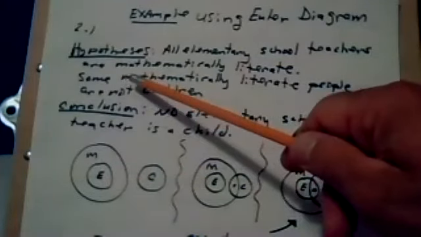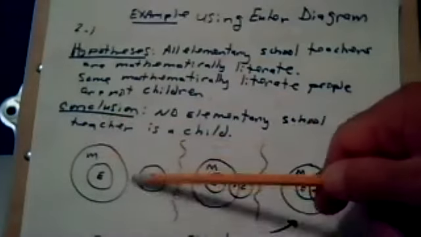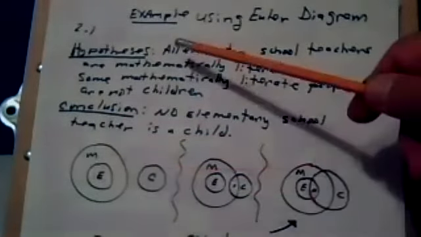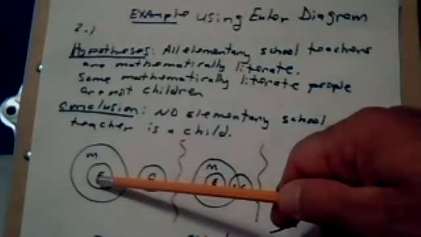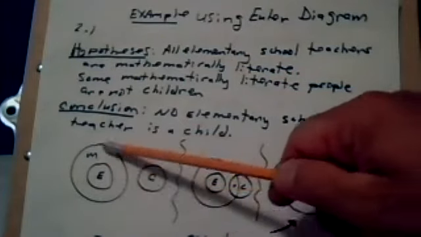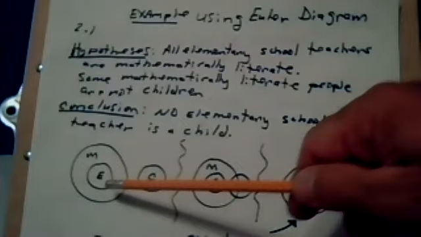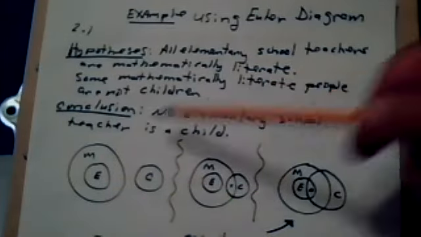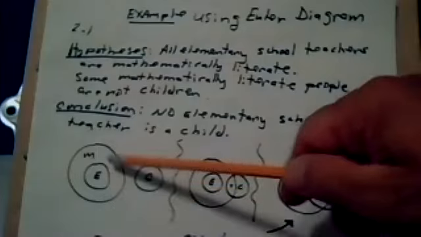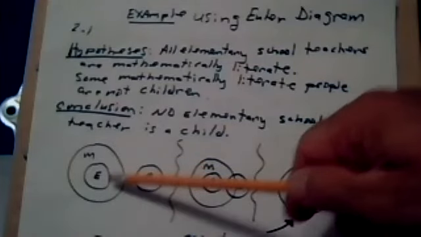That's another circle, for children. Now these circles describe the hypothesis. All elementary school teachers are within that M circle. Some people in the M circle are not children, and as you see, actually all of them are not children.